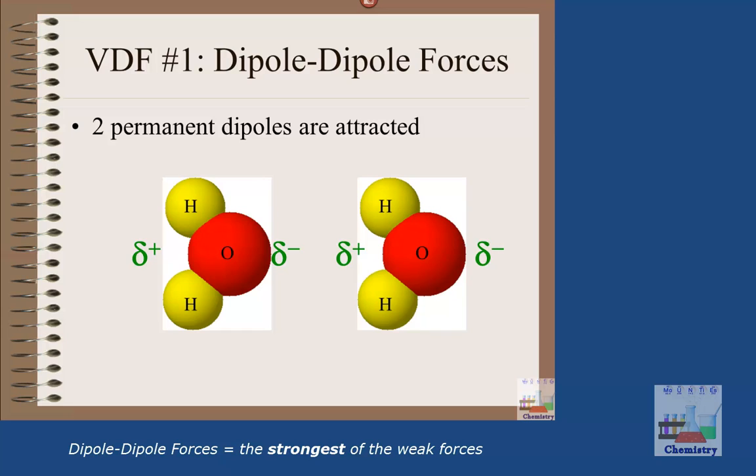So when you have two water molecules that are close to one another, those partial charges are going to align, and it's that electrostatic attraction, sort of like what we see with ionic compounds, but in this case, it is covalent bonding taking place, and there are partial charges, but you still get alignment of the positive to the negative, and that's where that attraction is going to take place.